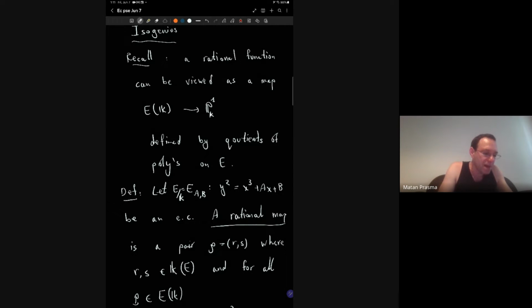But in fact, as I said, what we called rational functions before is just a rational map between the curve E and the projective line. Is this clear? Any questions about the definition?